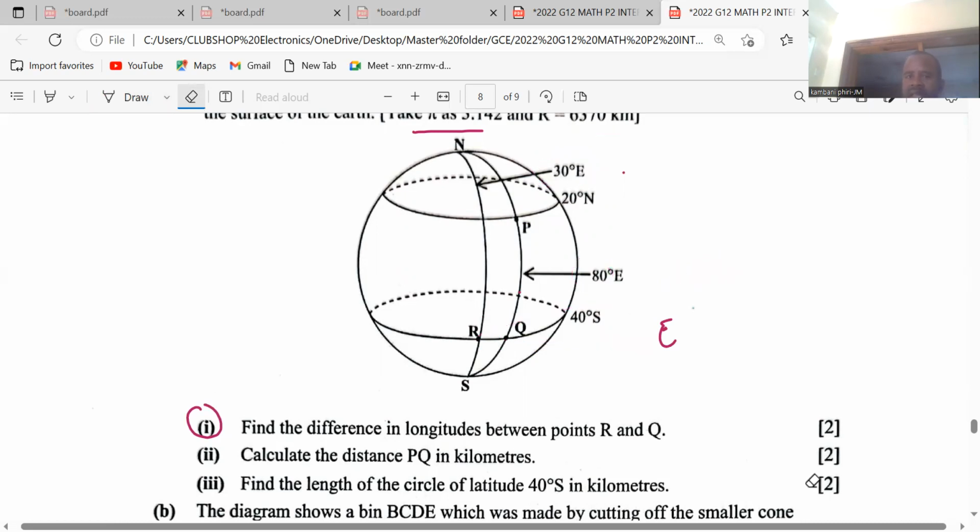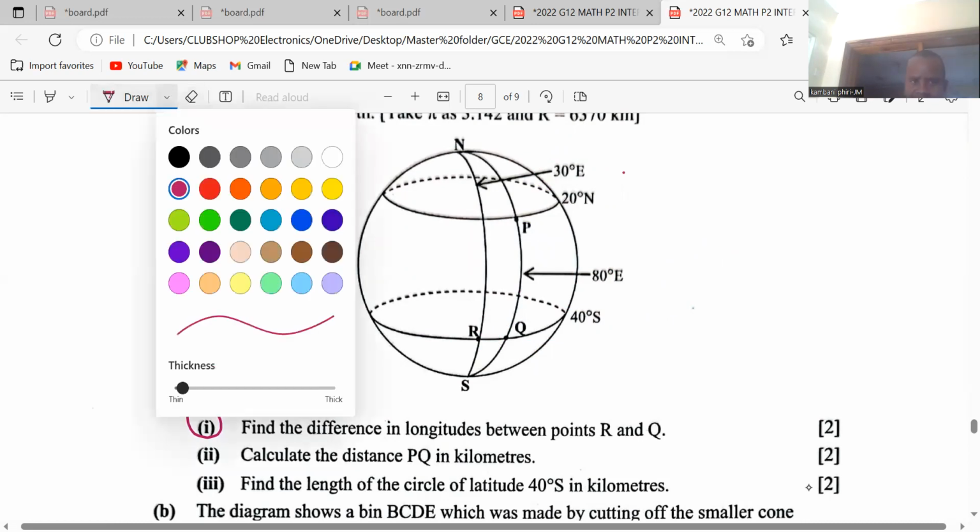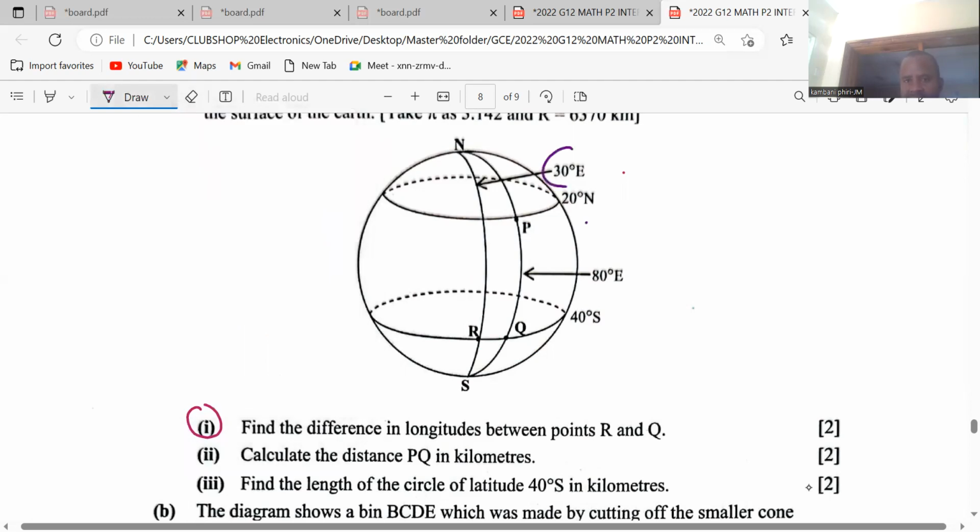But you realize that they are on the same side of the prime meridian. They are all on the east: 30 degrees east and 80 degrees east. So how do we compute the difference in longitude? We use a very simple concept: if the longitudes are on the same side of the prime meridian, we find the difference by subtracting.